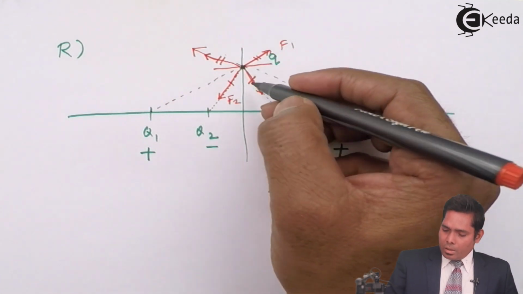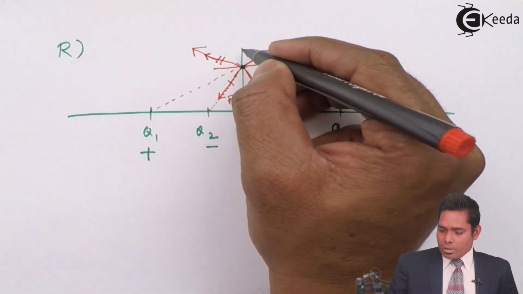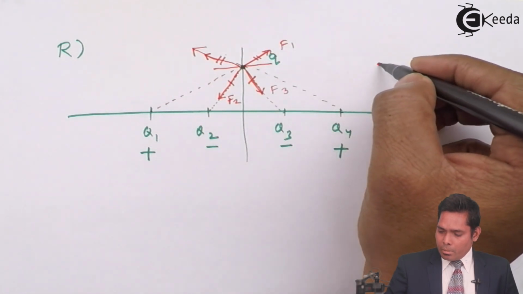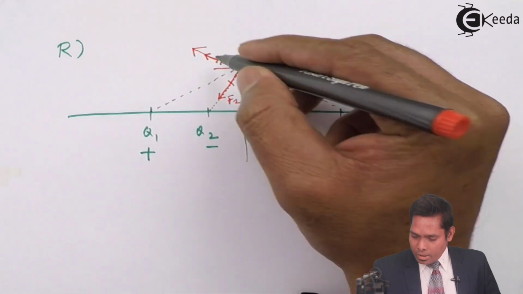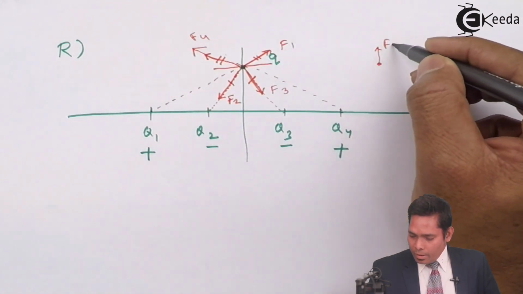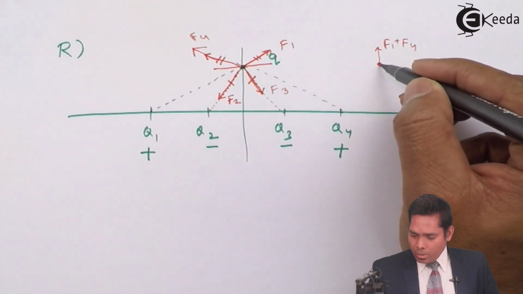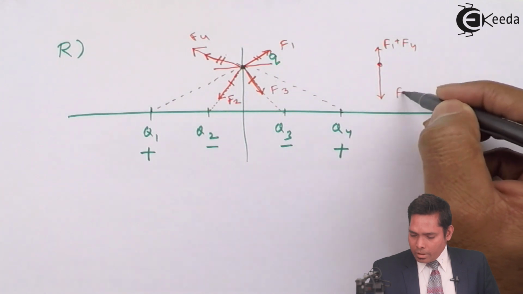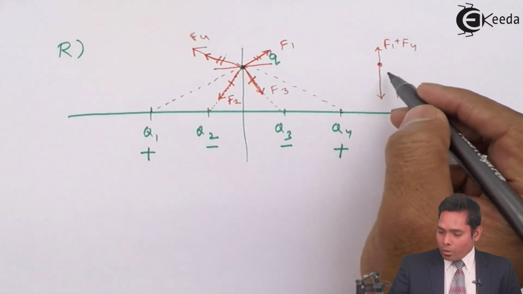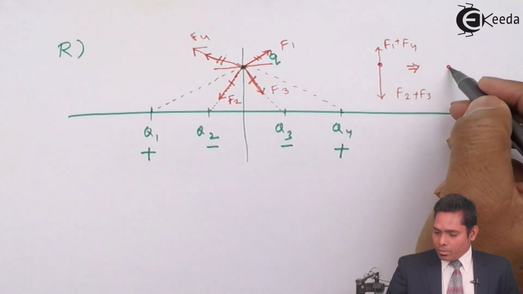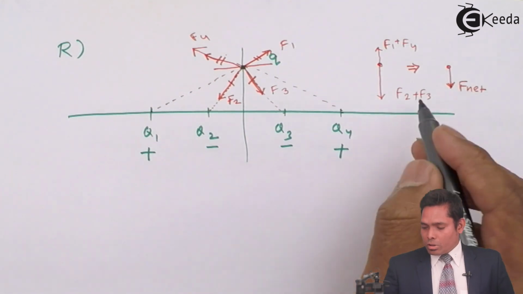But because this has greater magnitude than this, due to F1 and F4 the horizontal component will be there but smaller in magnitude. This one will be larger, that is F2 plus F3. The vertical component will be more. So the net will be downward. This is F net.